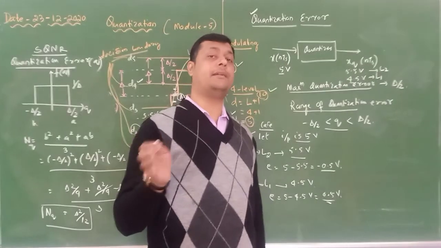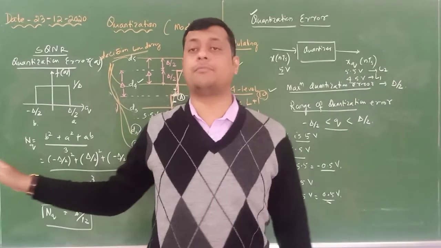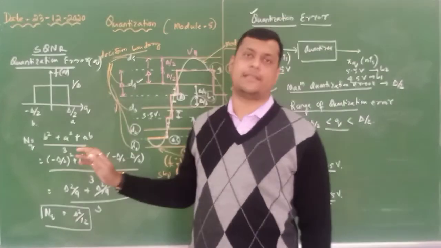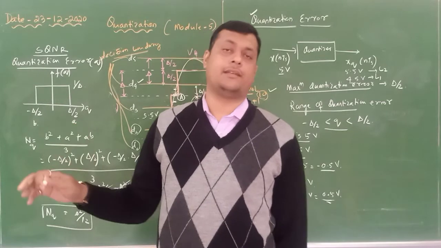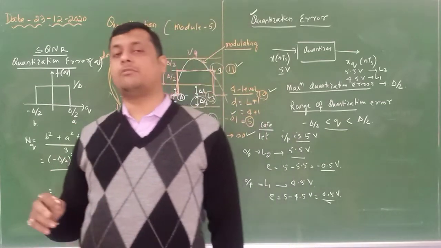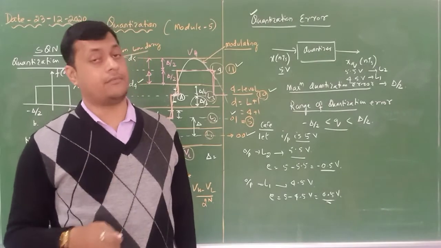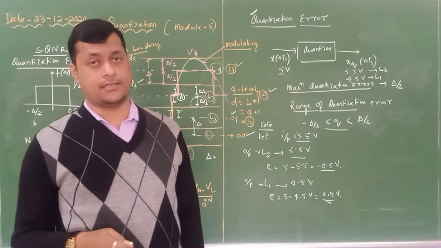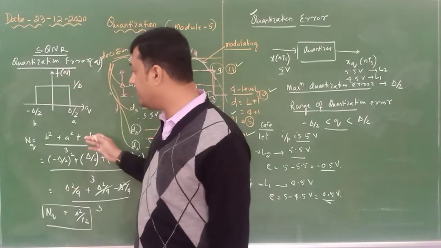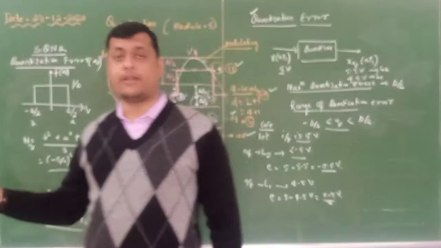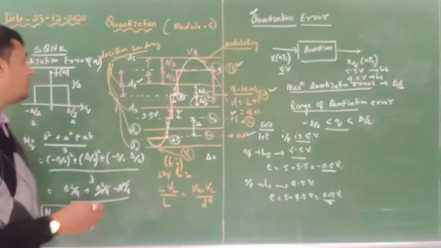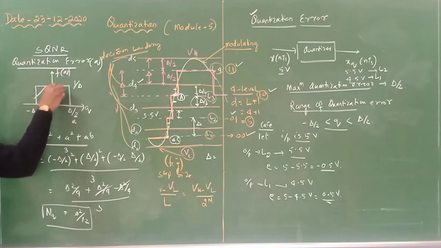Different books have different derivations. This is the smallest derivation I have seen. If it is with respect to probability, then you have to consider the probability density function. There is also one sort of derivation there that I will discuss with you. But for the time being, for simplicity, noise power is available within this particular range, from minus del by 2.